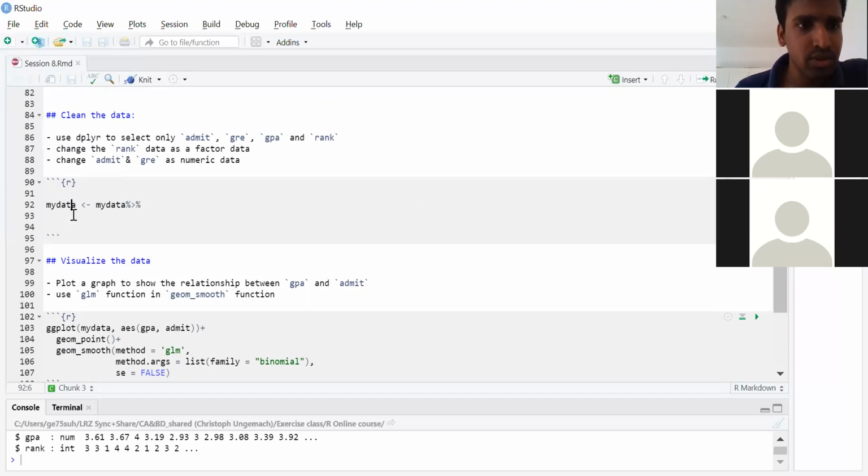And also ensure that you loaded dplyr, right? Run the previous chunks, complete the task in the previous case, and then work on it.